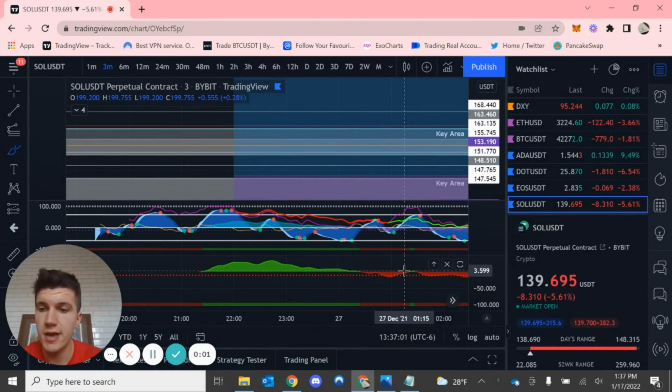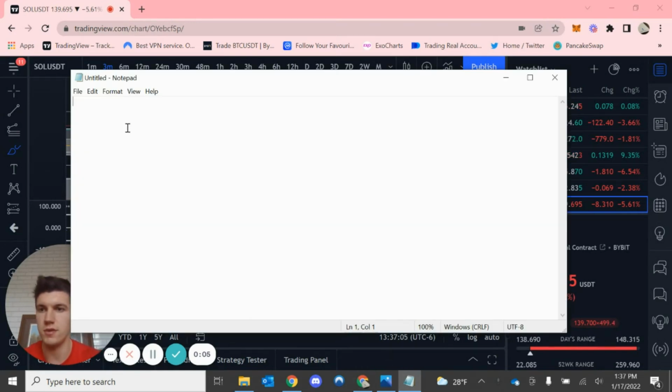And so to recap and put it all together, what we want to look for in these swing trades for altcoins is first, you want to see price coming to a level of support/resistance.